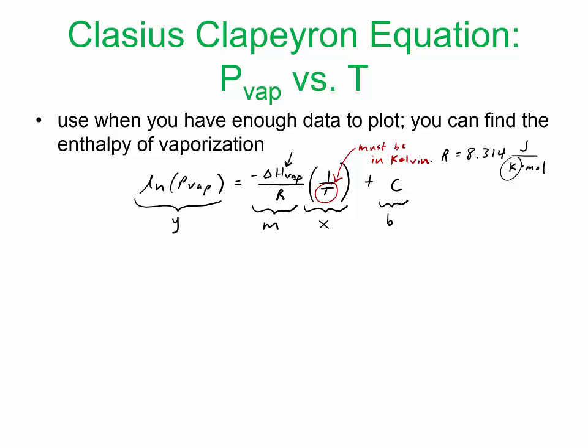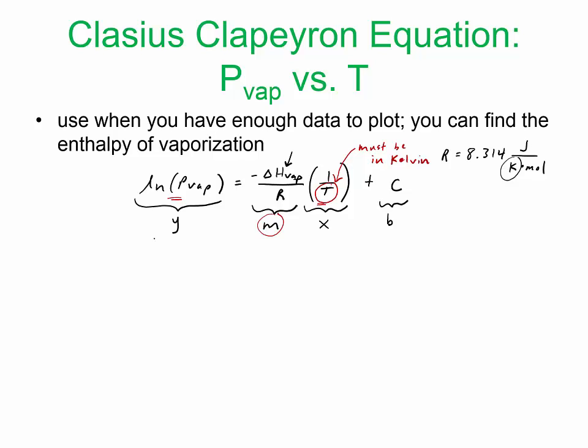Typically this is a problem where you're plotting data, and you plot this right here on the y, and then you plot 1 over temperature on the x. You can use your TI-84 and figure out what the equation of the line is, which we're interested in because we want to know the slope so that you could solve for delta Hvap.